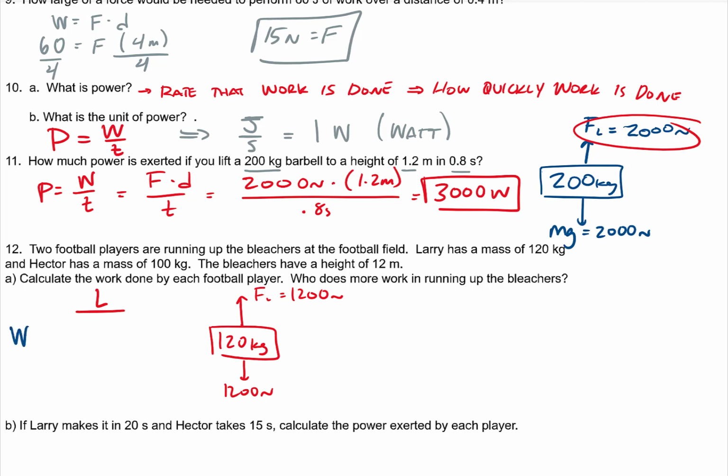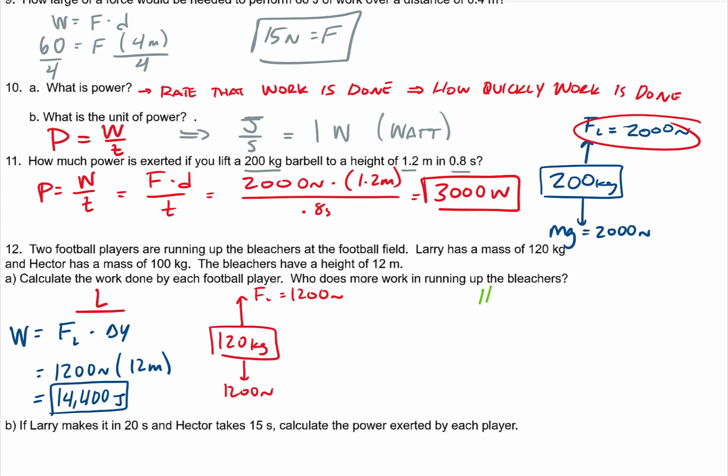So the work that Larry does is going to be that lifting force times how high he goes, delta y. So 1,200 newtons times 12 meters. That's going to be 14,400 joules. That's going to be Larry's work.